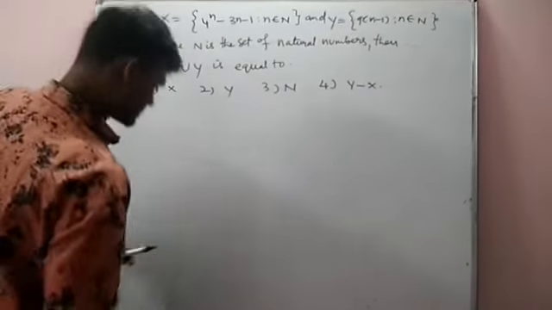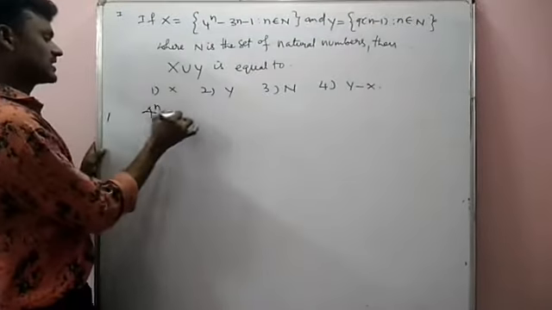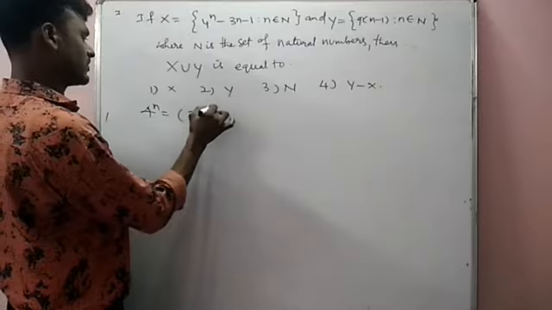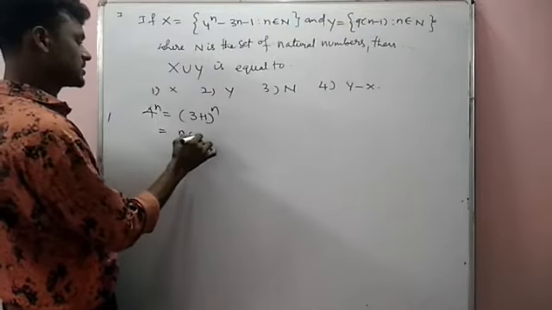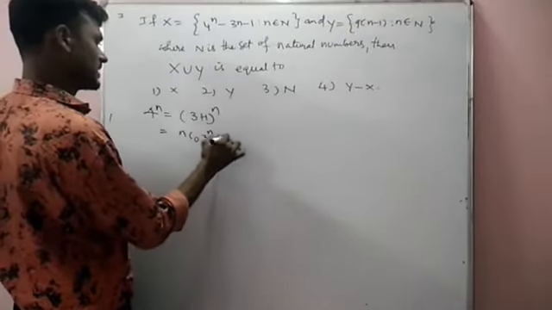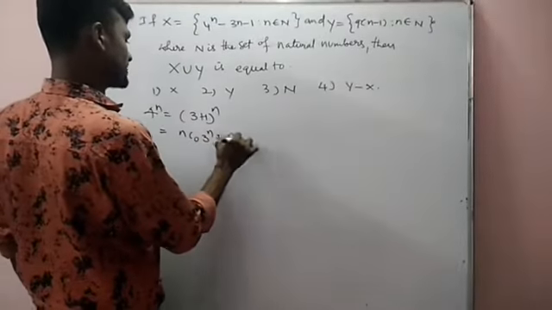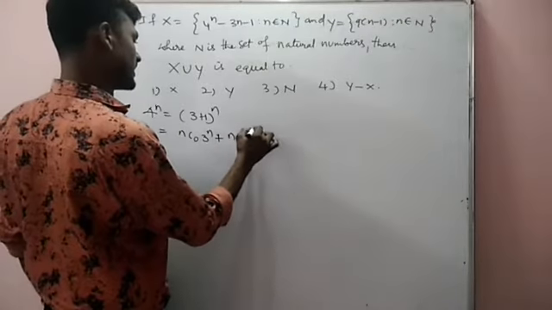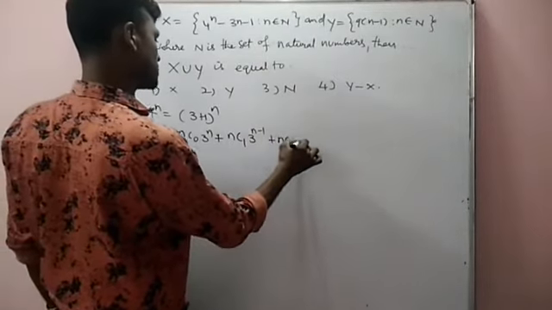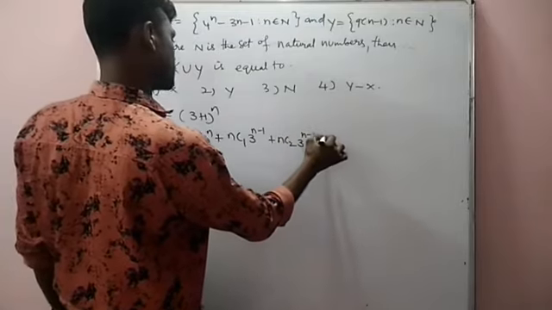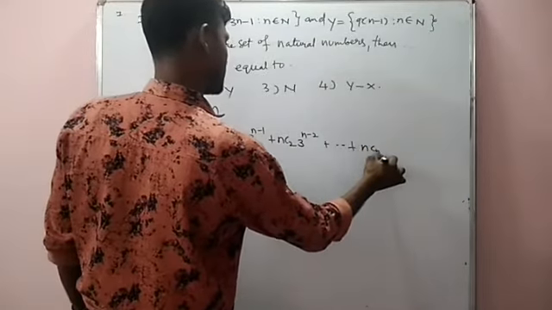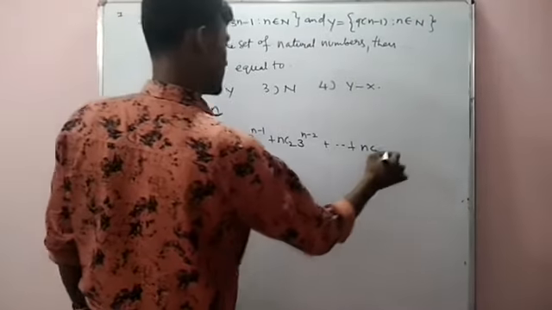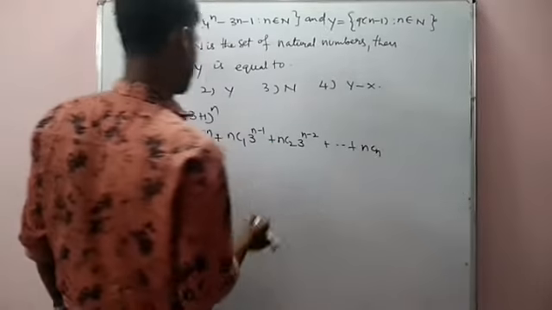First, 4^n is written as (3 plus 1) to the power n. Then by binomial expansion it is nC0 3^n plus nC1 3^(n minus 1) plus nC2 3^(n minus 2), and so on, up to nCn, where 3 to the power 0 means 1.